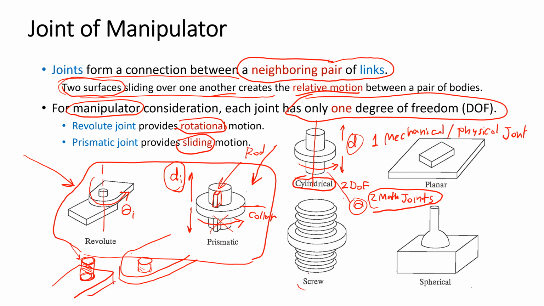What is the screw? The screw can also have linear motion. At the same time, the screw can perform like a revolute joint also. How many degrees of freedom does the screw joint have? Trywit, are you here?